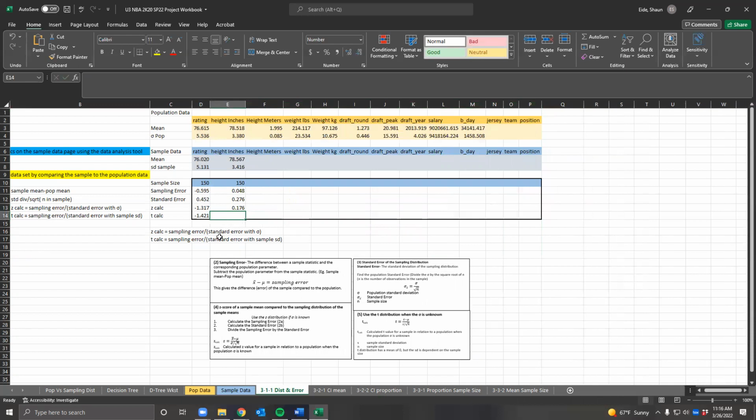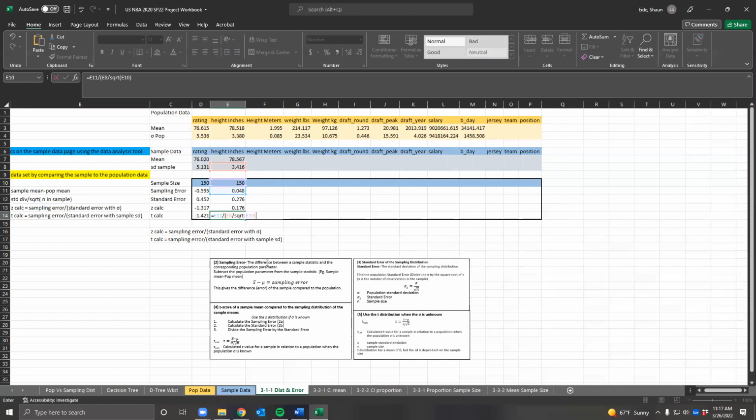And then T calc is a little bit different. So T calc uses the sample standard deviation divided by the square root of n. So we're going to do equals the sampling error divided by, essentially, the standard error using the sample standard deviation. So it's going to be the standard deviation divided by the square root of the sample size.